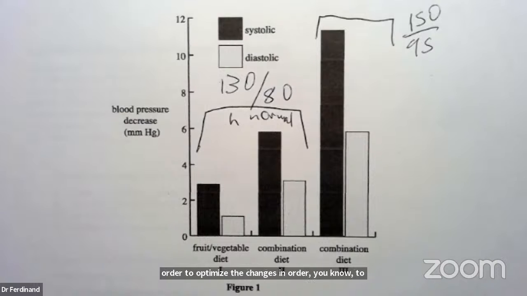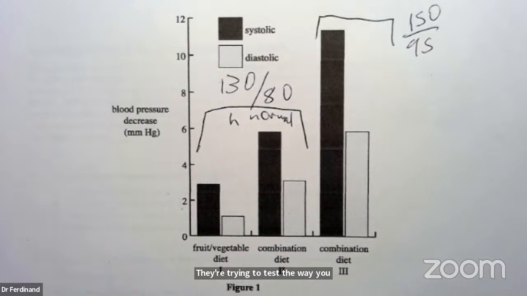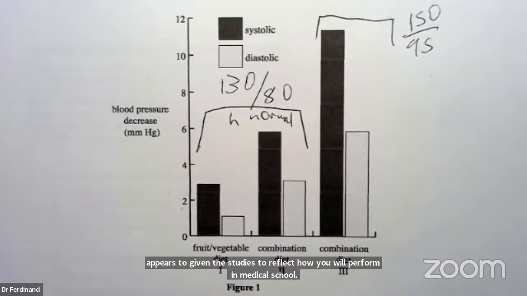You have to have that cool, calm, collected sense in your analysis. So ACER is not trying to test your knowledge. They're trying to test the way you think. And that appears, given the studies, to reflect how you will perform in medical school. So that's the concept. And it's not that you're born with it or you're not born with it.